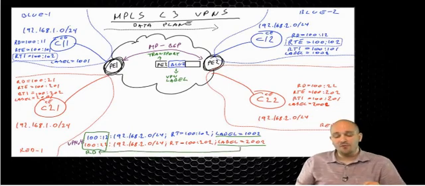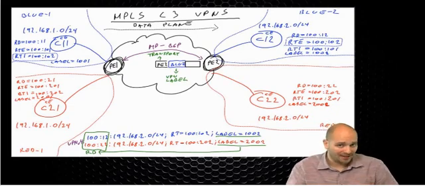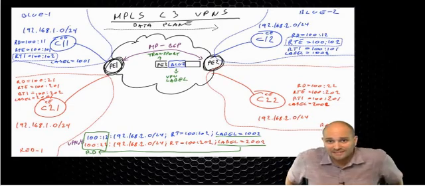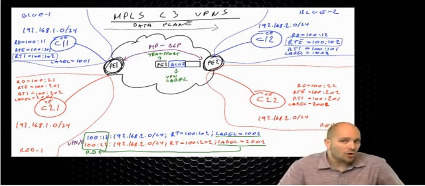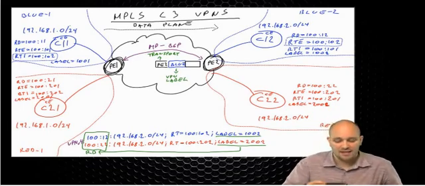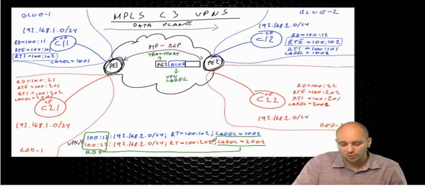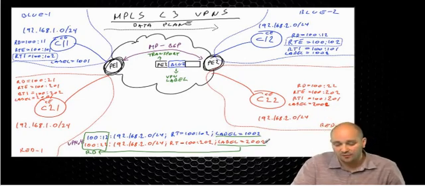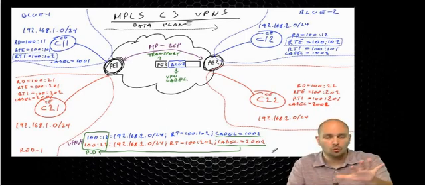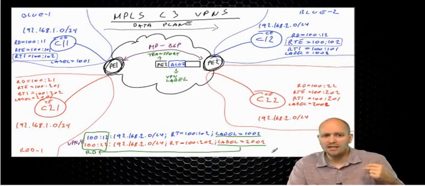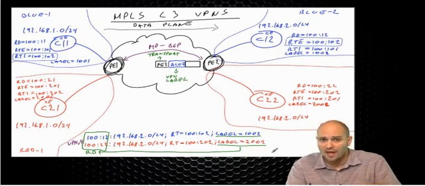Now, why do I say technically speaking? If you were to do Wireshark packet captures, this is where you will see which label was actually sent. But if you are running debugs in IOS, IOS is actually going to show the label as if it was another attribute. So what is actually happening on the wire might be a little bit less relevant for you when you are troubleshooting MPLS VPNs, because it's more important what IOS is telling you.